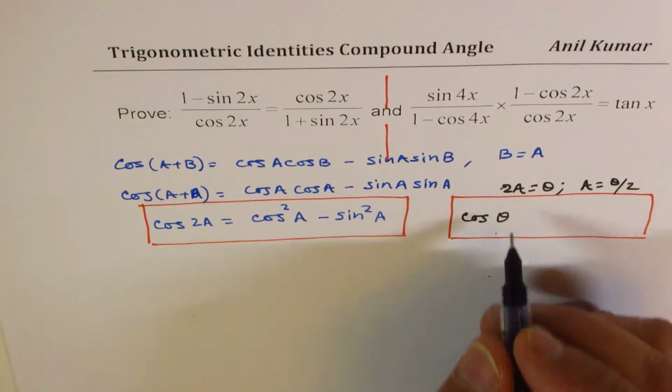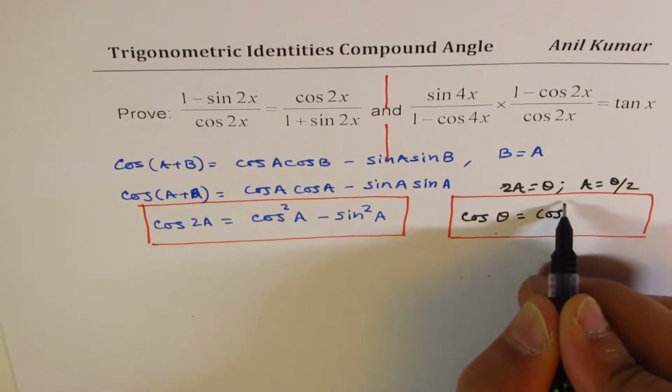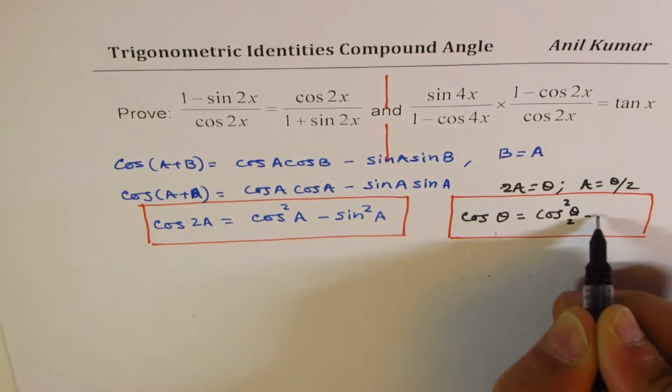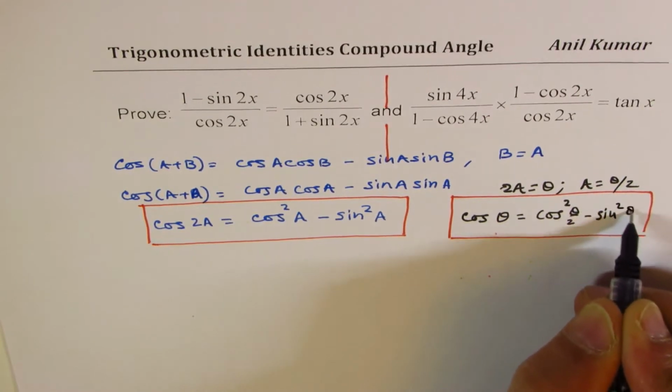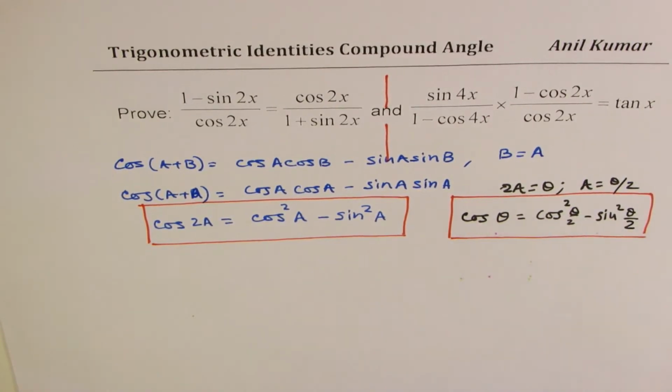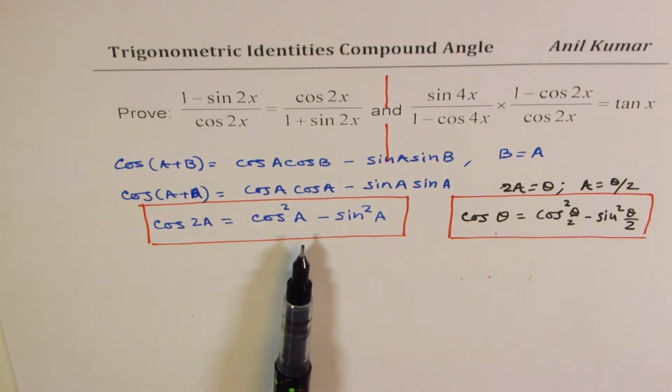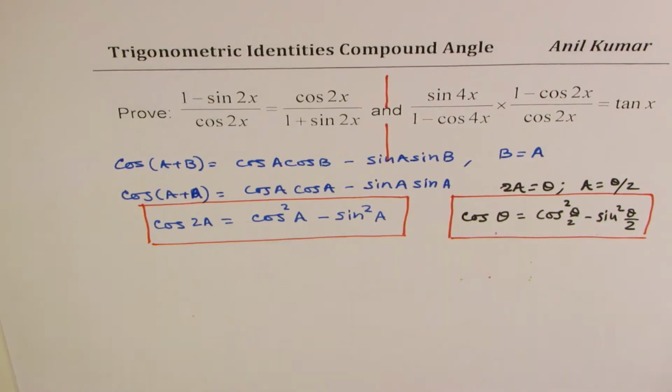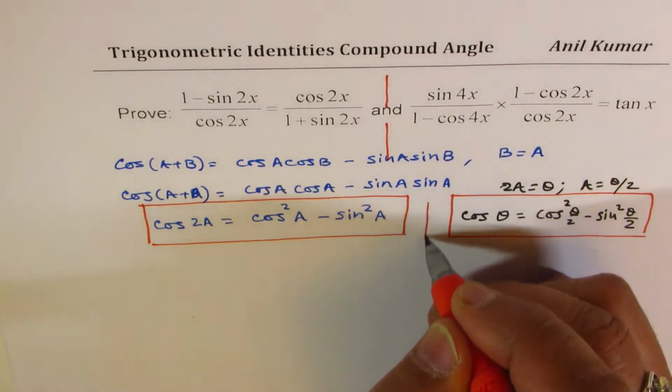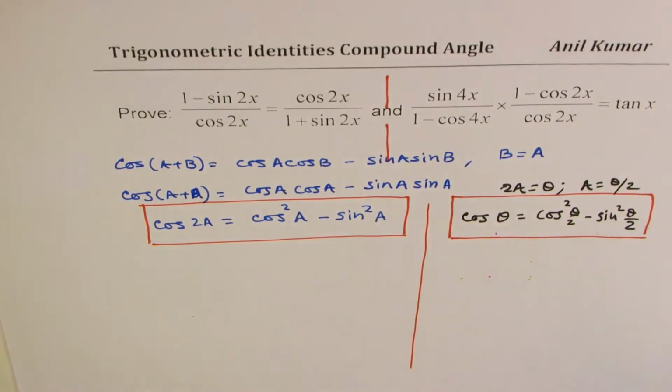So cos theta could be written as cos square theta by 2 minus sine square theta by 2. So it becomes half angle, but basically the same concept. Now, this particular formula is extremely important. We actually use it in many different forms.